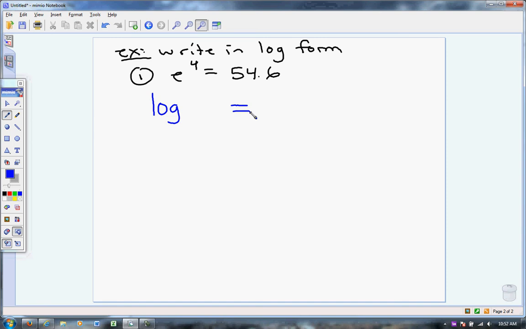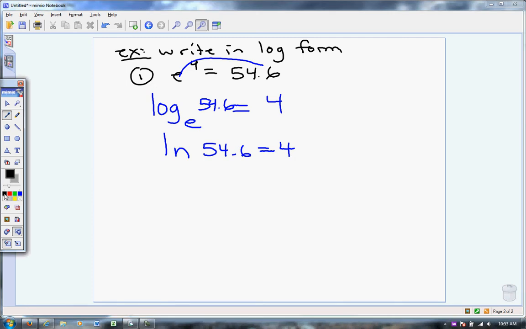This is what I do. And then I just kind of do the switcheroo backwards. e to the fourth equals 54.6. Now, what is log base e? What did we say log base e is? The natural log, or the ln. So technically, I could write this as ln of 54.6 equals 4. Okay?